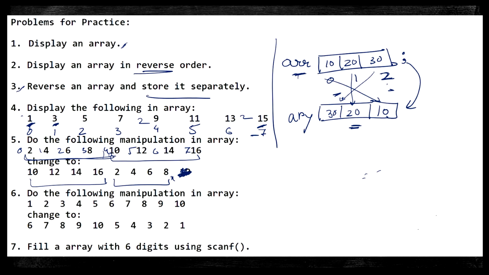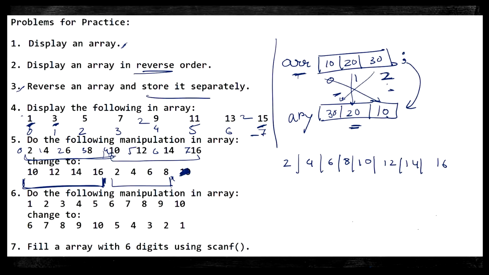If I write it clearly, it's 2, 4, 6, 8, 10, 12, 14, 16. Okay. So what is the index of 10? Because from 10 only it is shifting to the front part. Right. So the index of 10 can be found like this: 0, 1, 2, 3, 4, 5, 6, 7. So the index of 10 is 4.